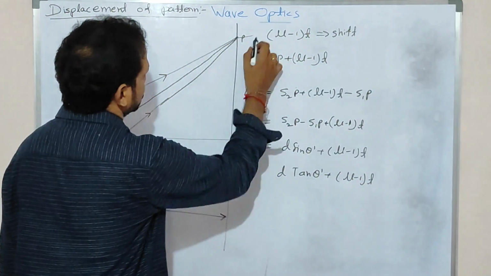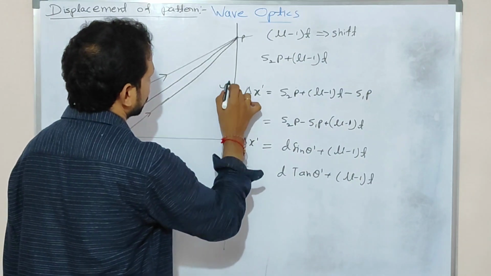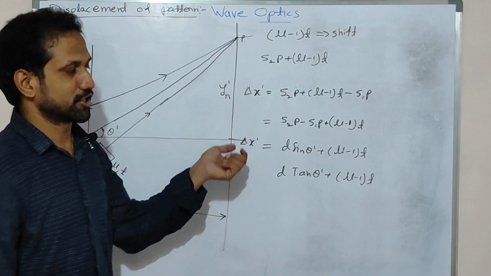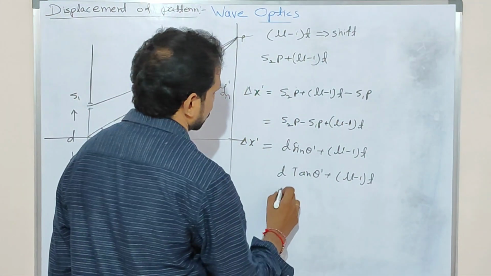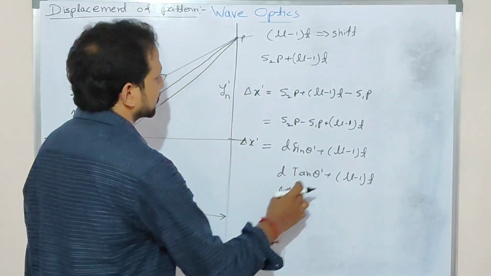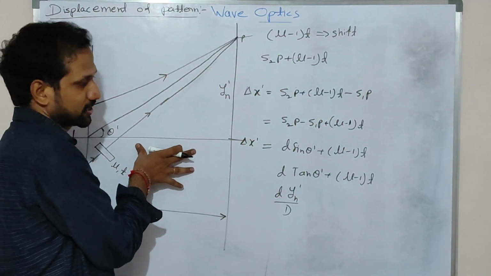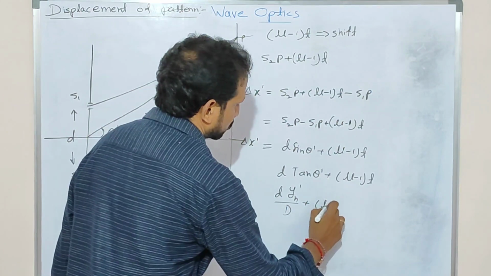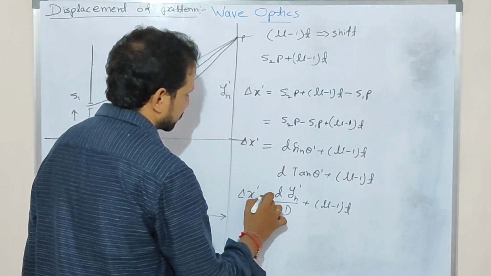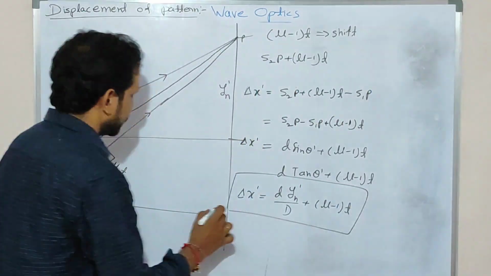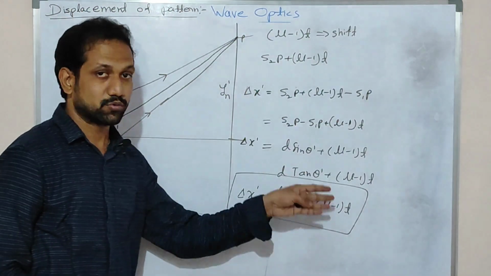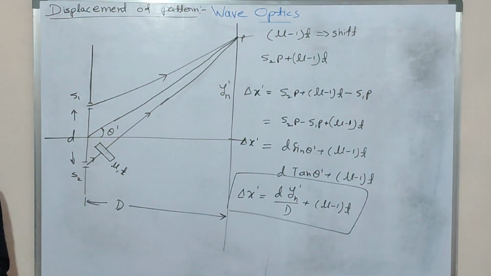Tan theta prime means this distance, say yn prime, the location of the nth bright or dark fringe. So we can say d into yn prime by capital D, because tan theta is opposite by adjacent, plus mu minus 1 into thickness. This is the path difference when we introduce the film. So what is happening to the remaining quantities? Let us discuss. Let me wipe this out.